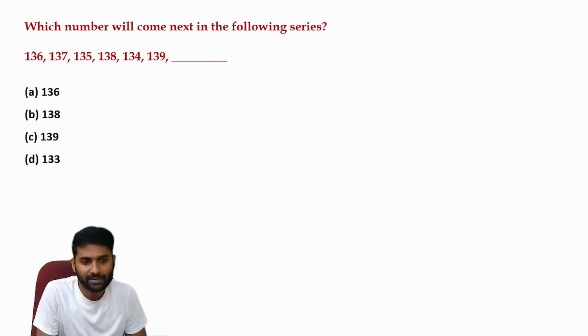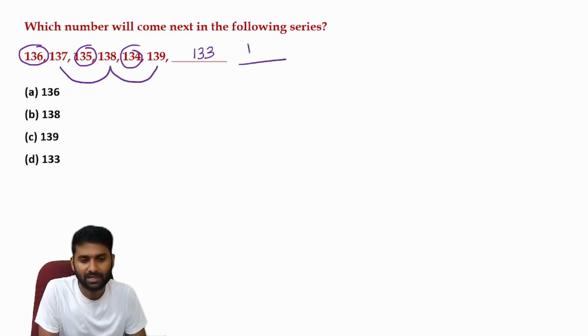Guys, I told you many times, if you do not understand the series, verify the sequence alternately. Just verify the alternate numbers: 136, 135, 134, definitely the next number is 133. If you want the next number in the other sequence, see 137, 138, 139, 140. So these are the next two numbers, but we have to identify only one number, right?